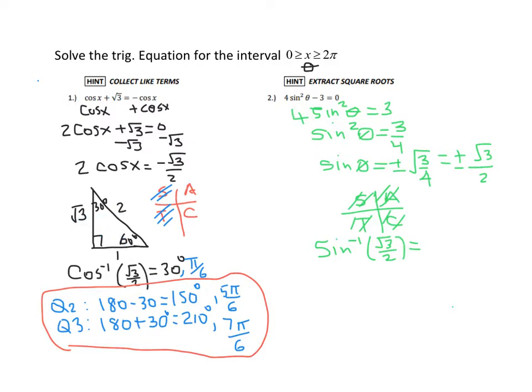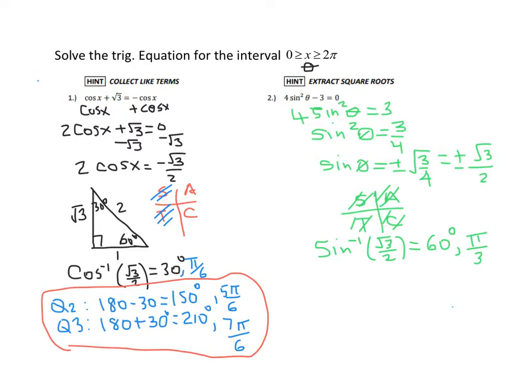So it's going to be 60 degrees. And 60 degrees is the same as pi over 3. How do I know that? Because I know 180 is pi. So this is pi over 3, and I know this is my reference angle. And my solution is in all 4 quadrants.